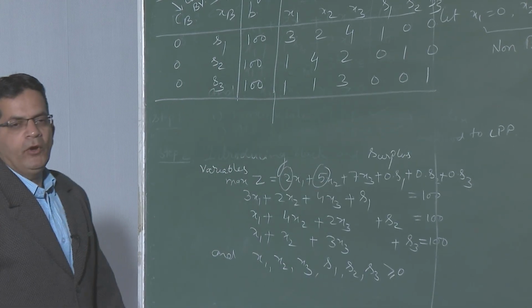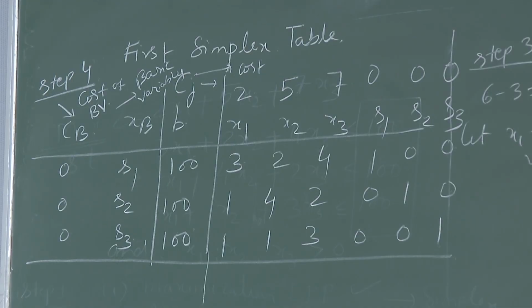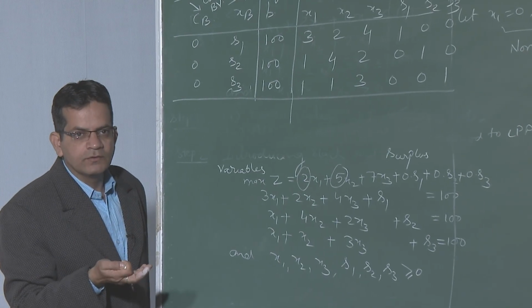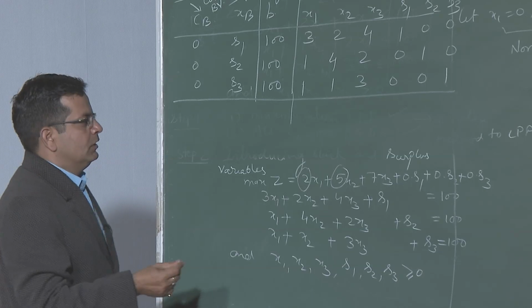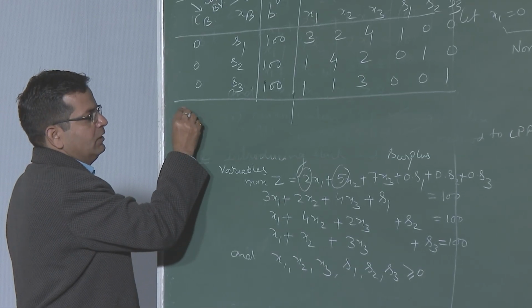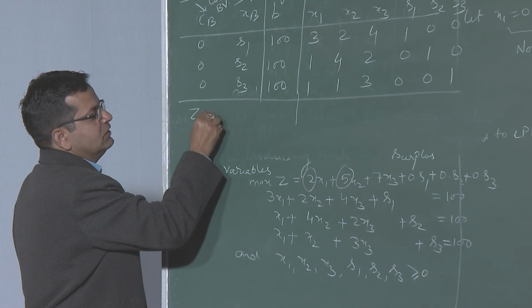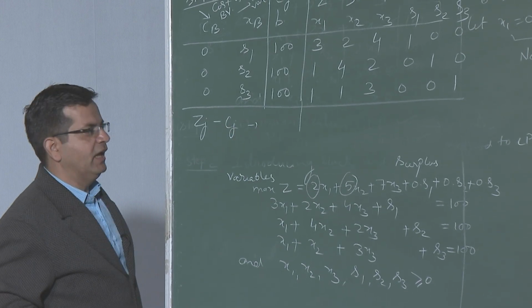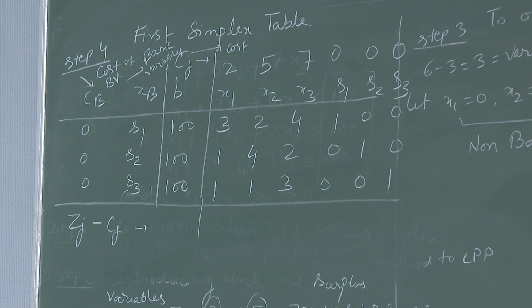This is the checkpoint in the simplex method: corresponding to the basic variables we must have the columns of an identity matrix. Now, I will calculate the value of Zj minus Cj, which is also known as net evaluation.